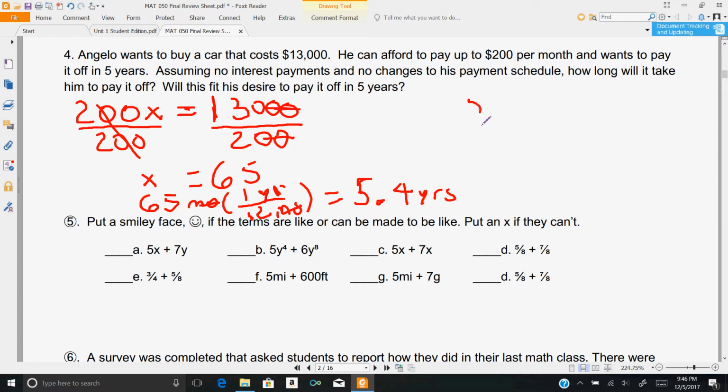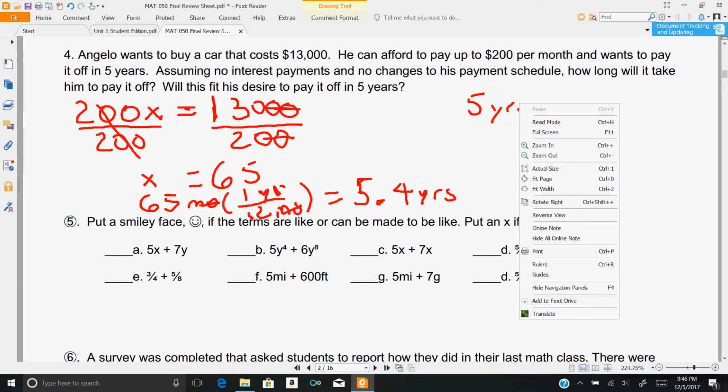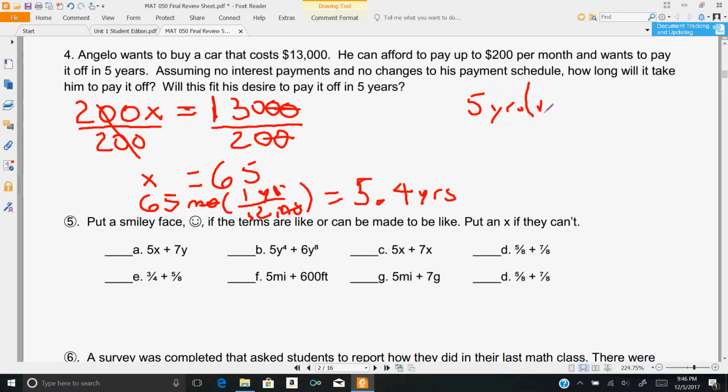So they said 5 years times 12 months per year times X equals 13,000. And then they solve for X there.